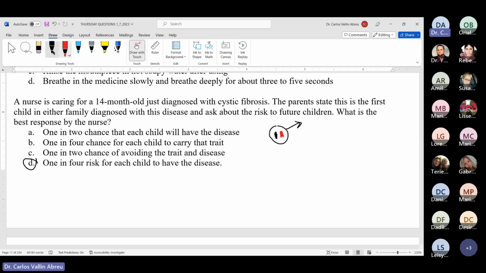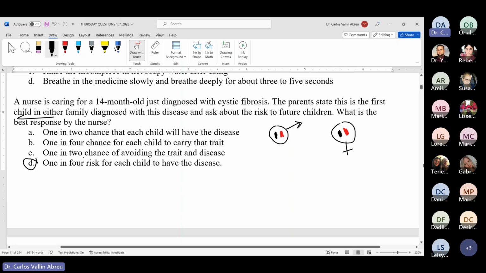And the mother is also having 1 chromosome that is healthy, 1 chromosome that is sick. They don't suffer the disease because this disease is recessive. Both chromosomes need to be sick to have the disease.